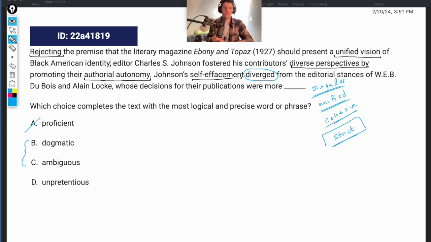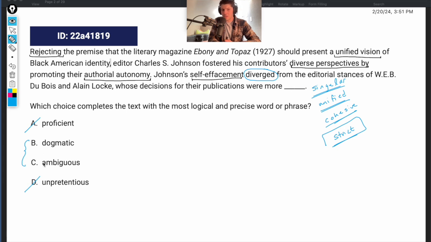So if you know pretentious, it comes from the word pretense, which means like sort of in advance, right? But pretentious usually means to be sort of snobbish, right? So unpretentious is not snobbish. And that's not precisely what we're looking for. So we're in between these two words.